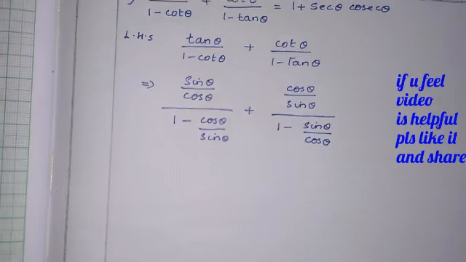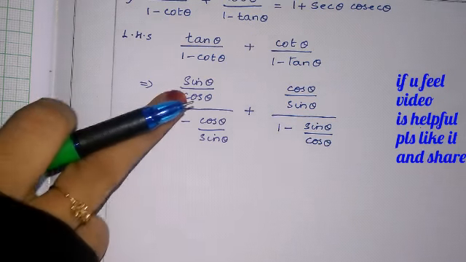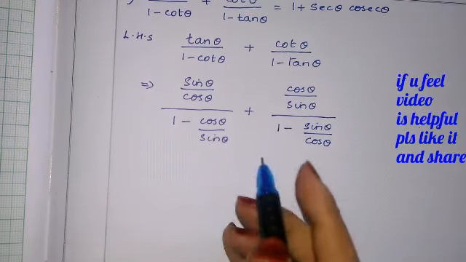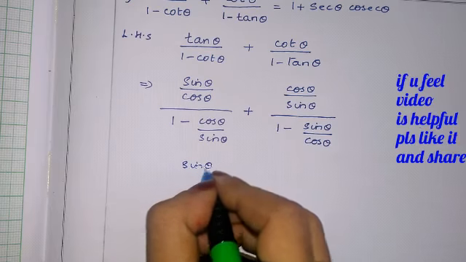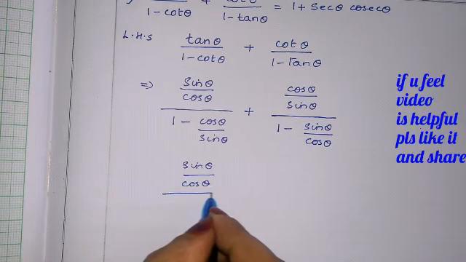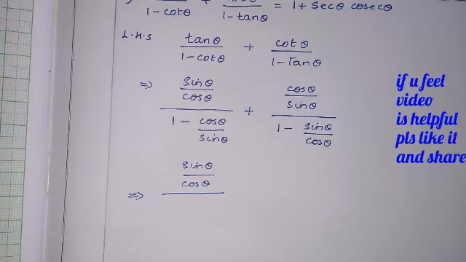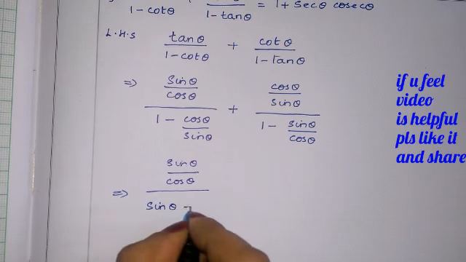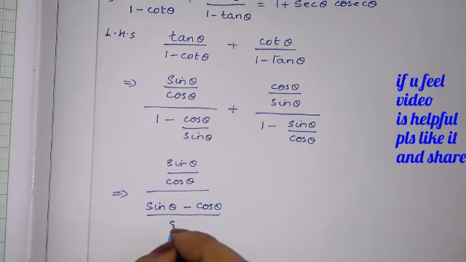Now next step what we have to do? Numerator I'll keep as it is, but denominator we will cross multiply. Sine theta upon cos theta in the numerator I have kept as it is, upon sine theta into 1, sine theta minus cos theta as it is, complete upon sine theta.